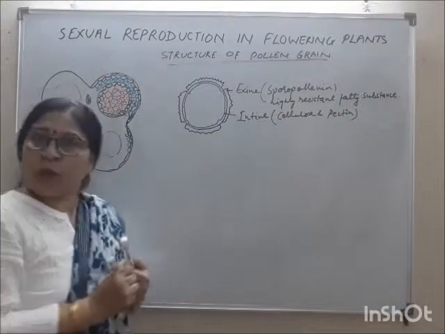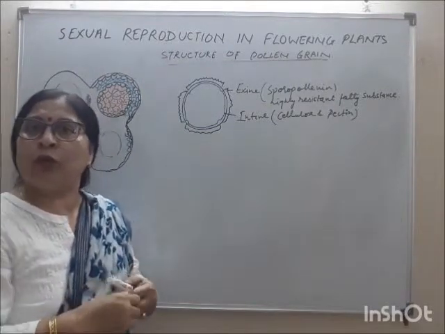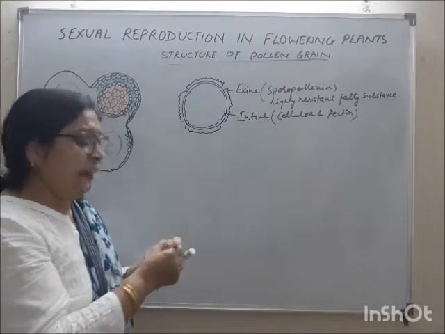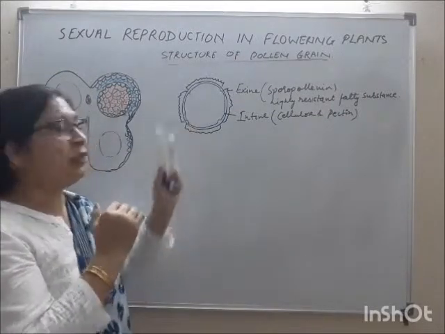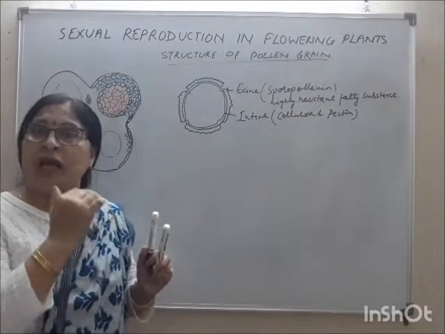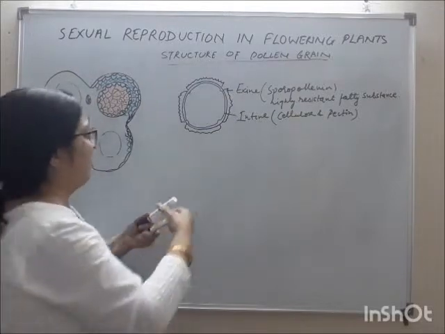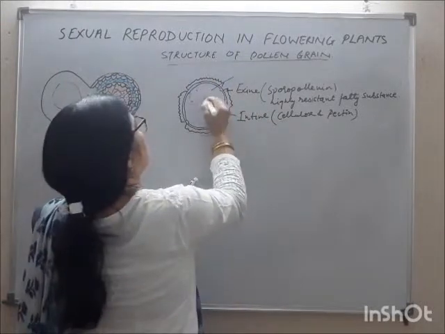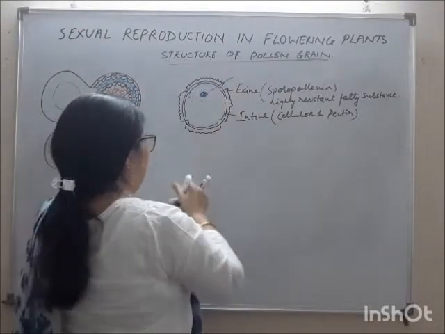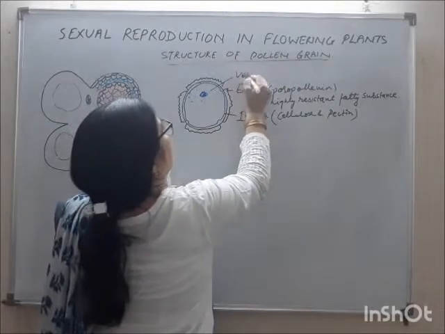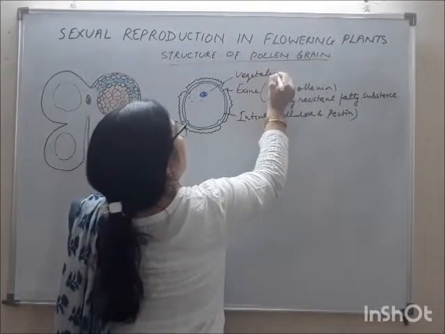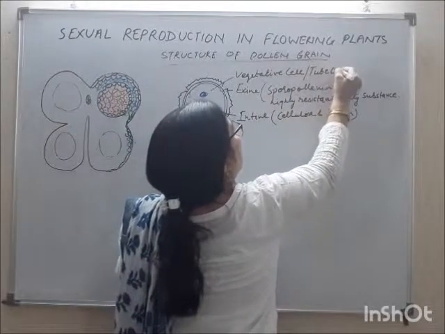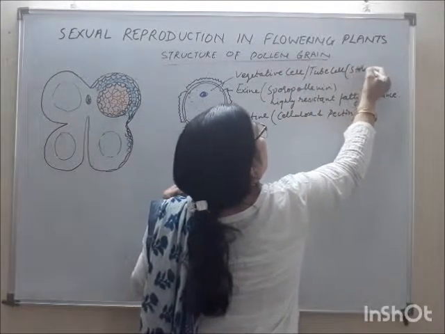Now the microspore undergoes the first mitotic division and separates this pollen grain into 2 cells: one larger, known as the vegetative cell, or you can say tube cell, which stores food.